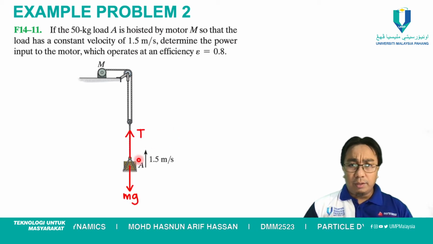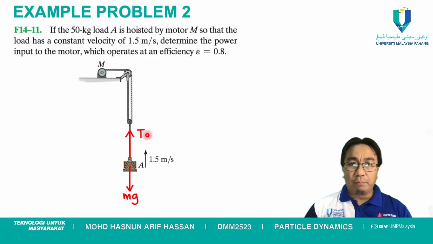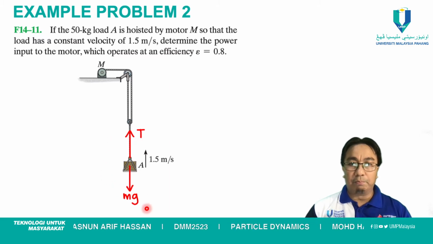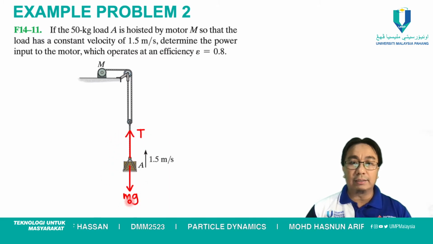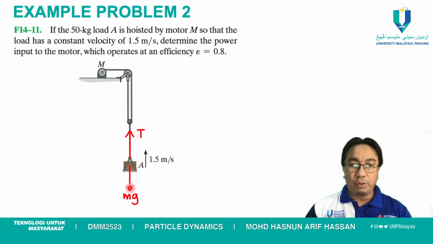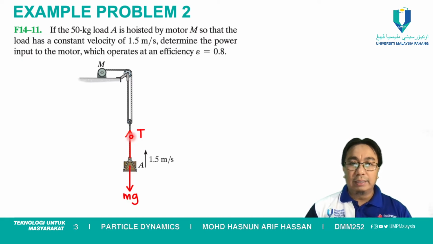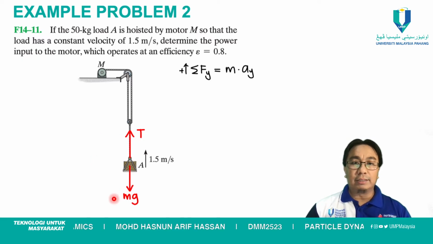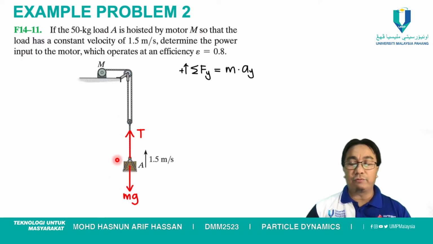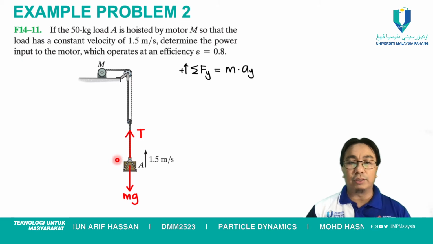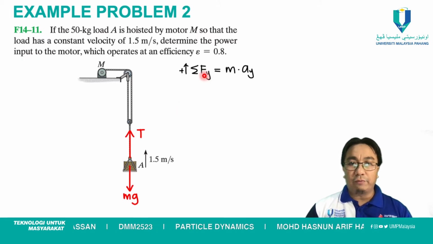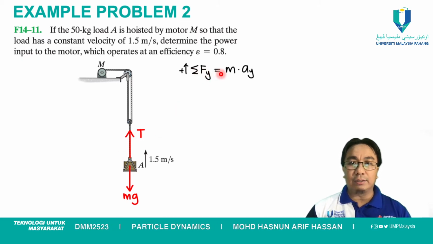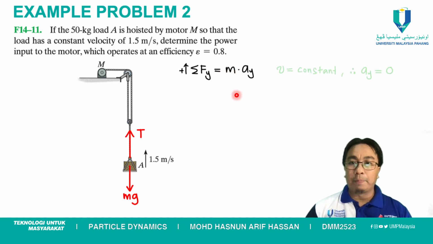So now we can draw the free body diagram of the load, the box here, because this is what we are interested in. We have the weight pointing down and we have the tension pointing up. Okay, so now the motion is in the y-axis, so we don't have to consider the equation of motion in the x-axis. So we have total force in the y-axis is equal to m a_y.